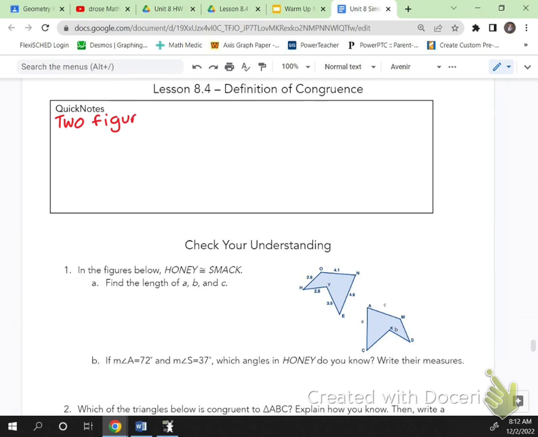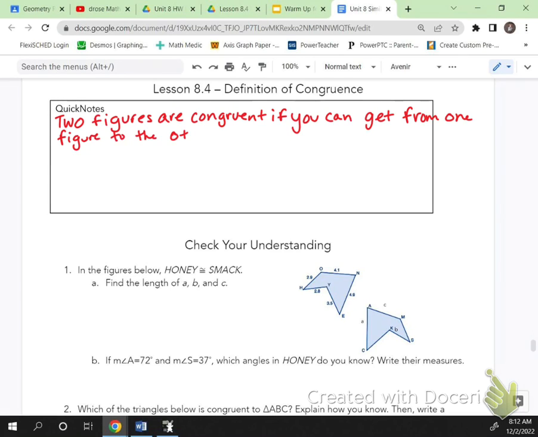Two figures are congruent, we're on page 11 right now, if you can get from one figure to the other with rigid transformations. And we're going to define this.